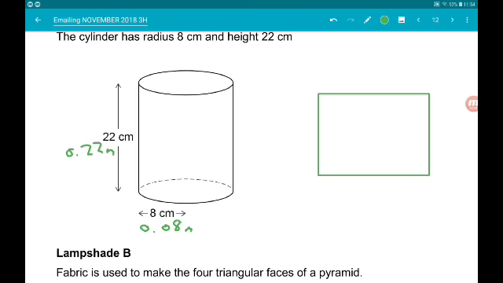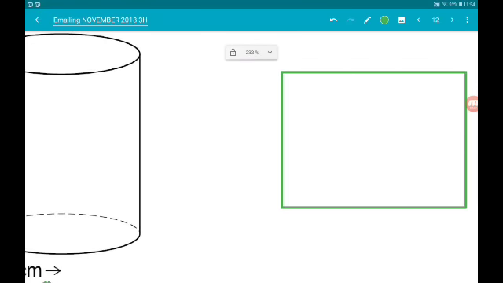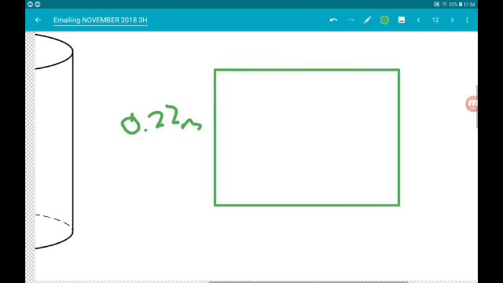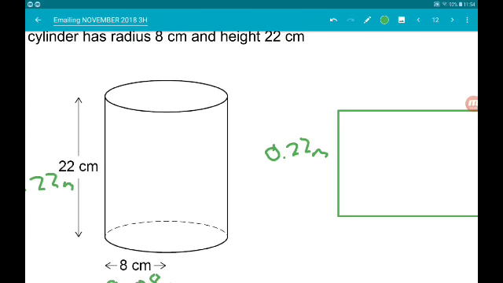Now, we know this rectangle has a height of 22 or 0.22 metres. What we're aiming to do here is to work out the area of fabric used. Now the base of the rectangle, well, that is the circumference of the circle.